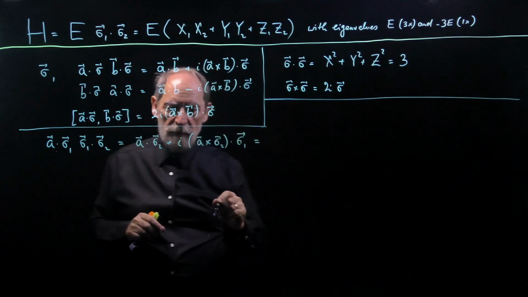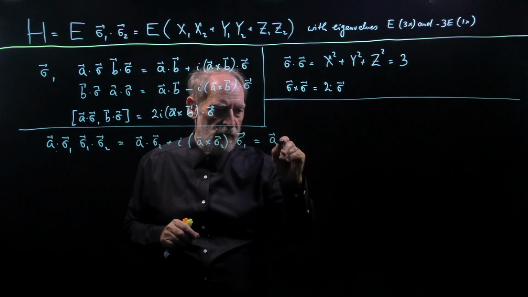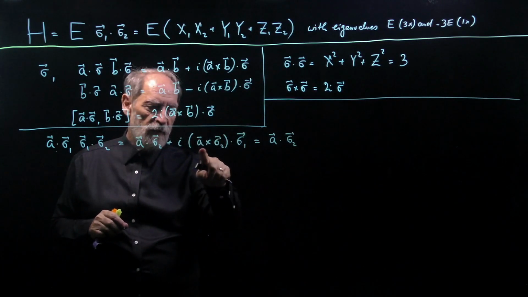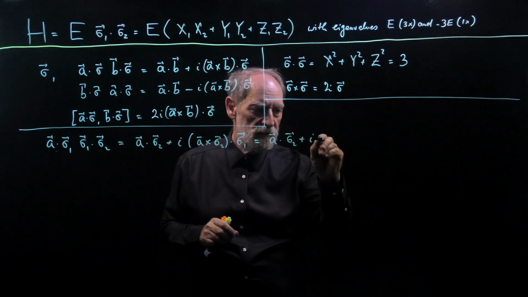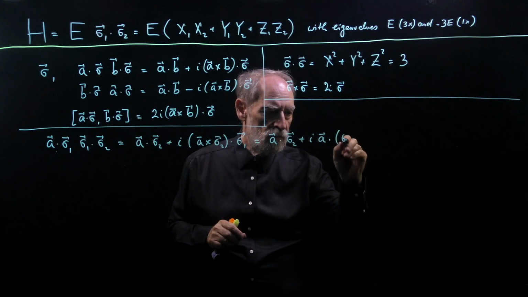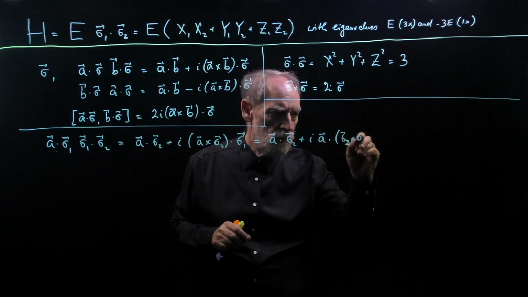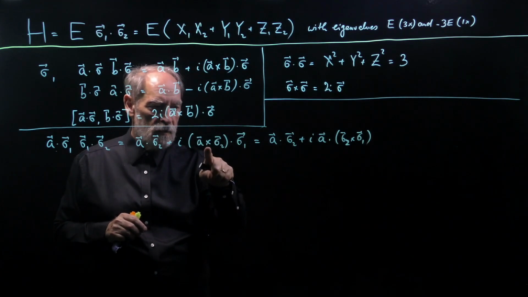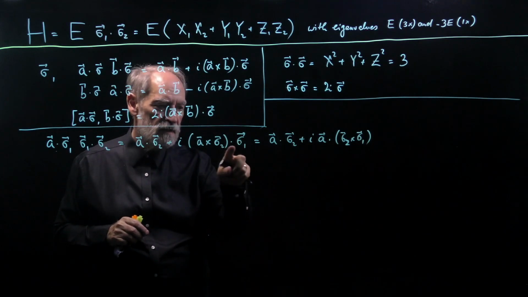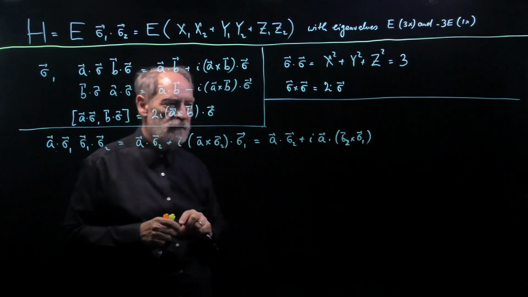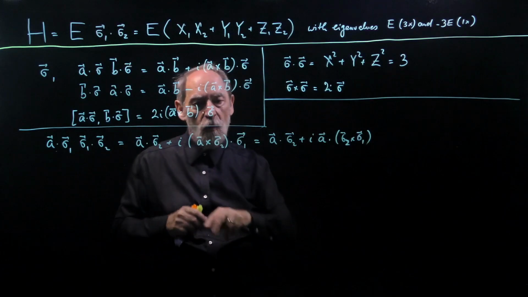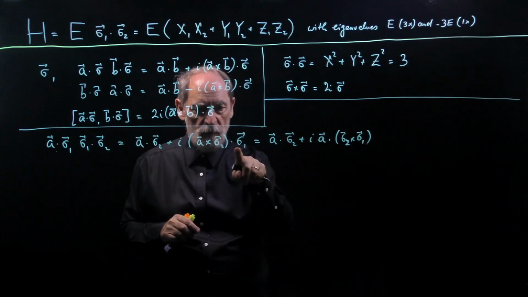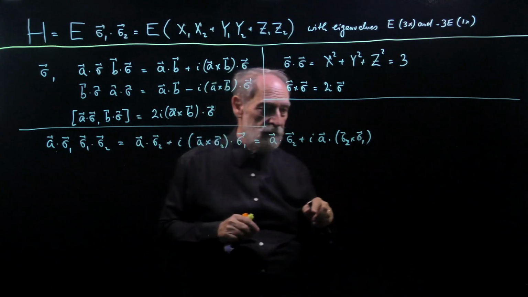Now let me clean this up by writing it such that we have a dot something in both expressions. A dot sigma 2, and then I want to have a dot, so I could write plus I times a dot sigma 2 cross sigma 1, just making use of the fact that in such a cross dot product, I can put the crosses and the dots anywhere I like if I keep the order of the factors as it is, or replace it by a cyclic permutation, which is allowed here because the components of sigma 1 and those of sigma 2 commute, so they are like numbers in that respect.